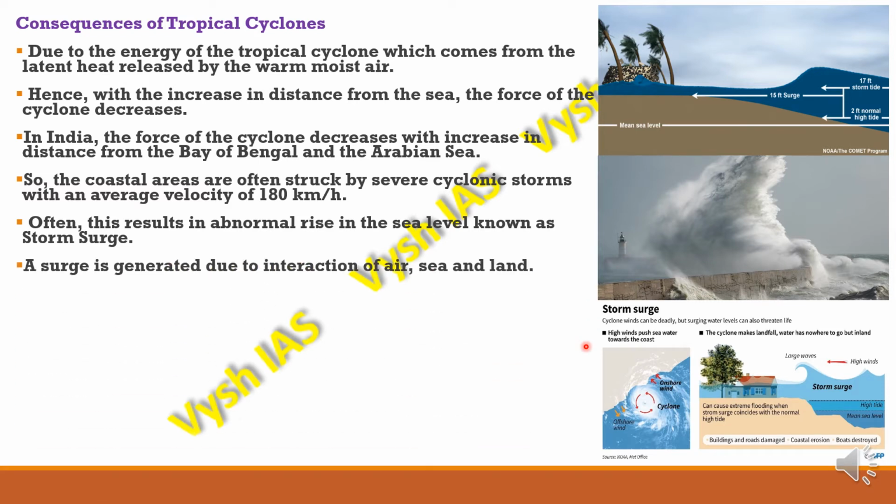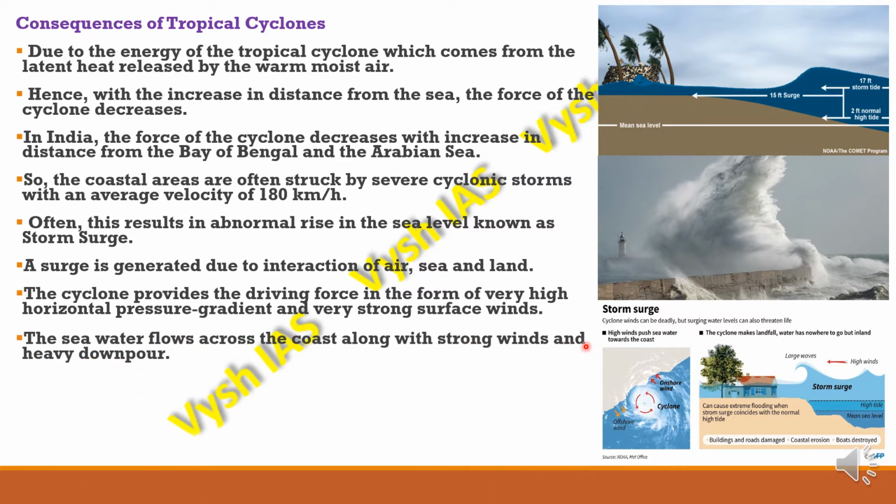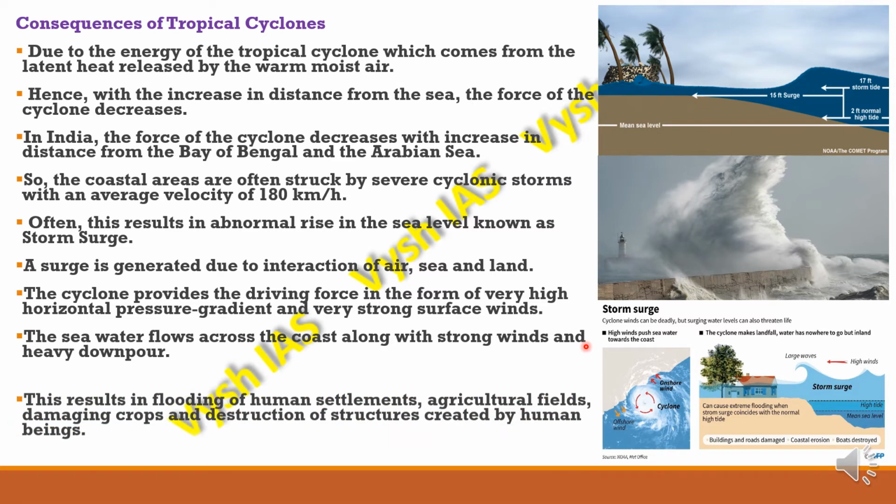So a surge is generated due to the interaction of air, sea and land. The cyclone provides the driving force in the form of a very high horizontal pressure gradient and very strong surface winds. So the sea water will flow across the coast along with strong winds and heavy downpour.